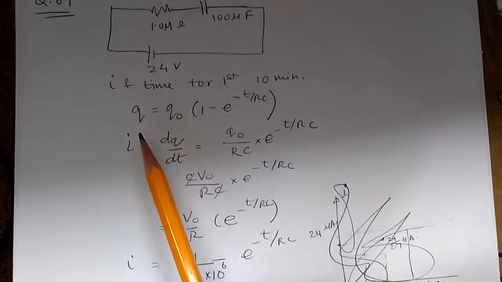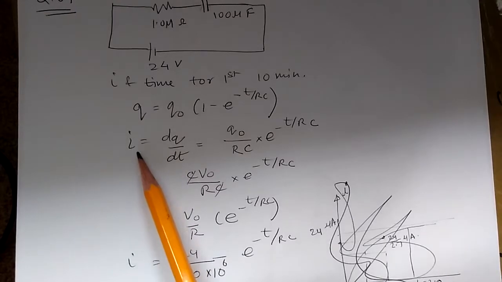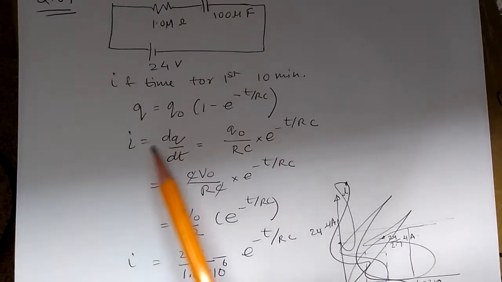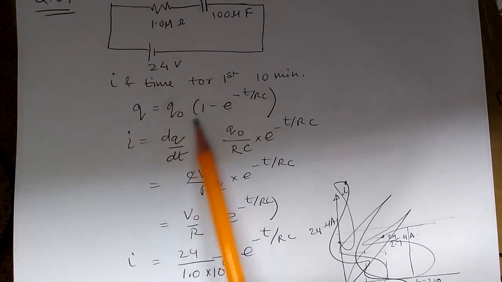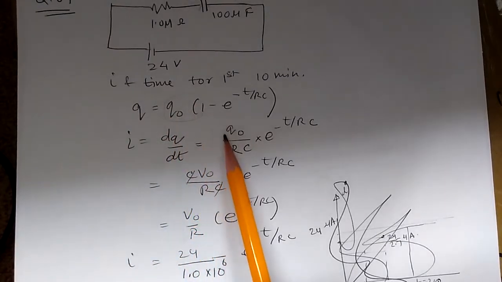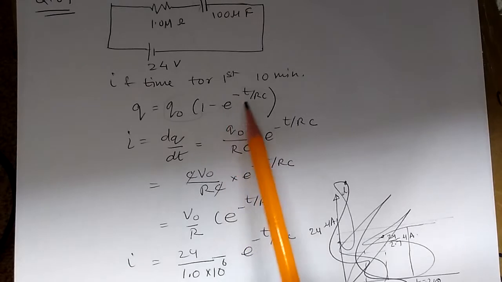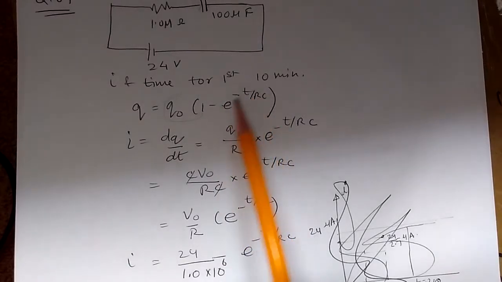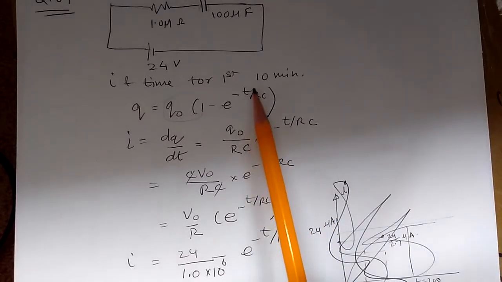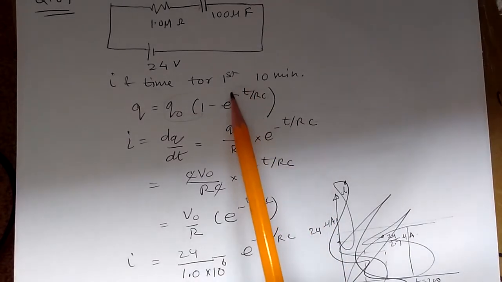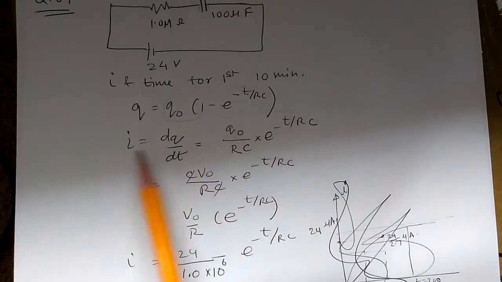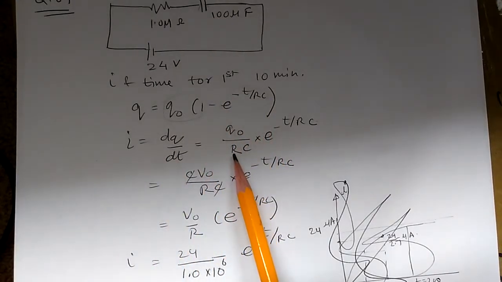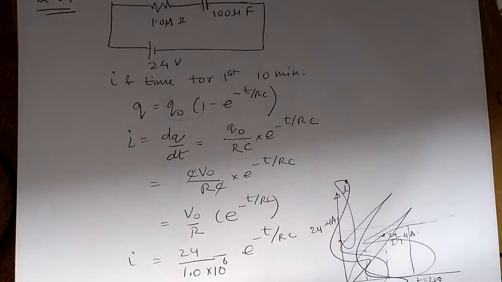If we differentiate this with respect to t, we get I equal to dQ by dt. The first term is constant, the second term is minus Q naught multiplied by the differentiation of e to the power minus t by RC, which is e to the power minus t by RC multiplied by the differentiation of this term, minus 1 upon RC. The minus cancels, and we get I equal to Q naught upon RC e to the power of minus t by RC.